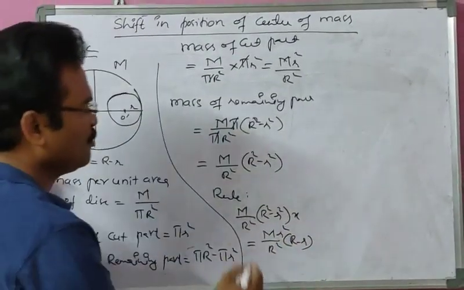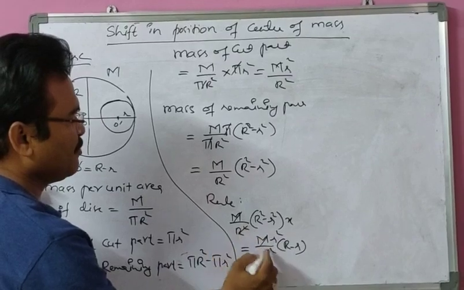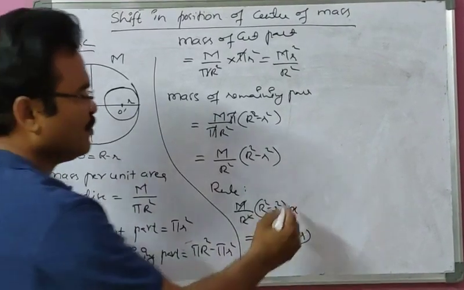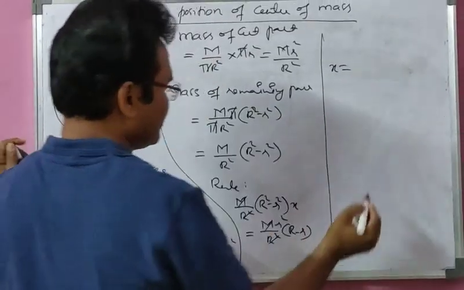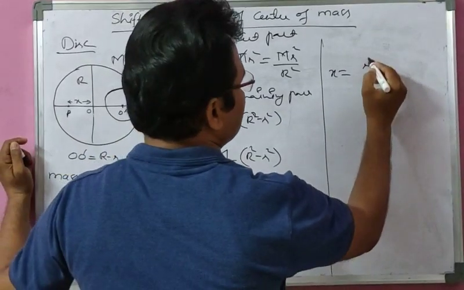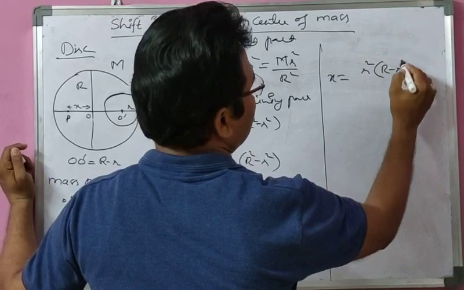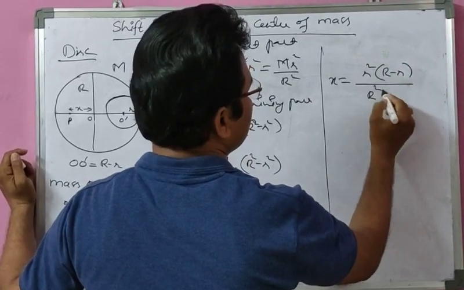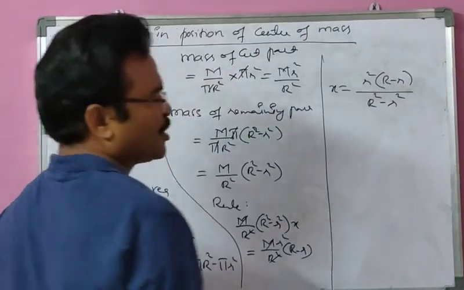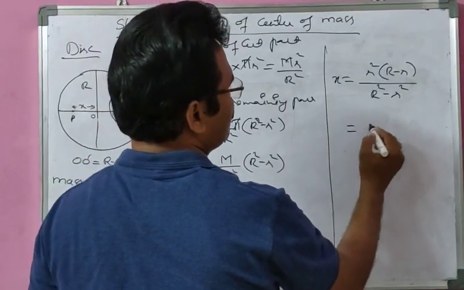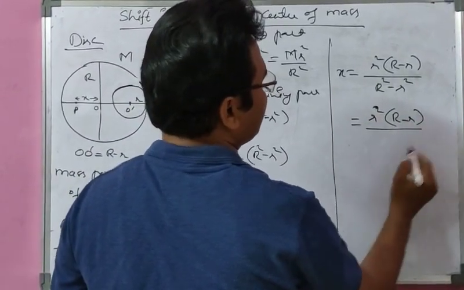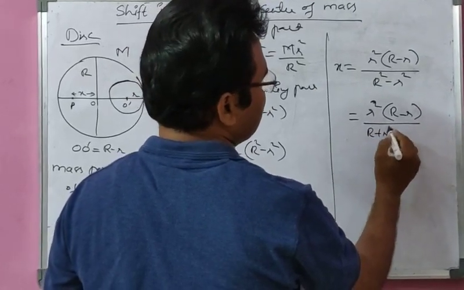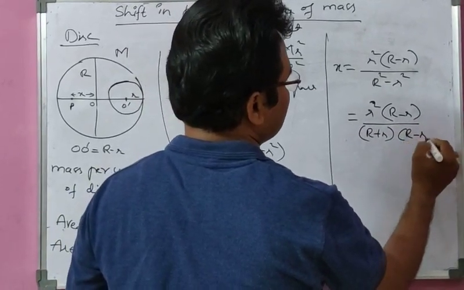So this m by R square gets cancelled out. We want the x value, so x equals r square into R minus r divided by R square minus r square. You can expand this one. So what do you get here? x equals r square into R minus r divided by R plus r into R minus r.